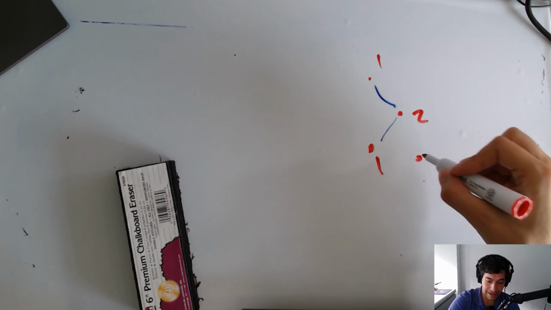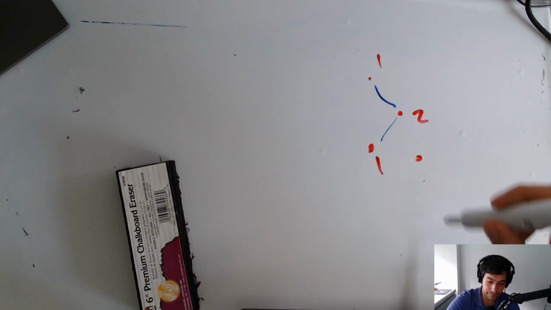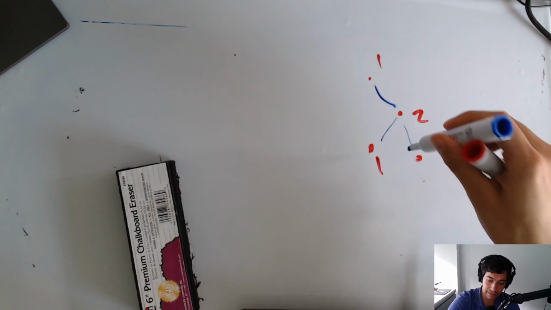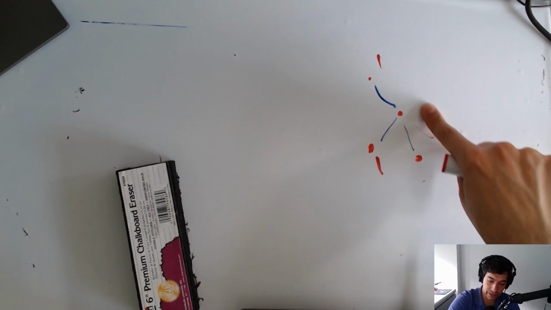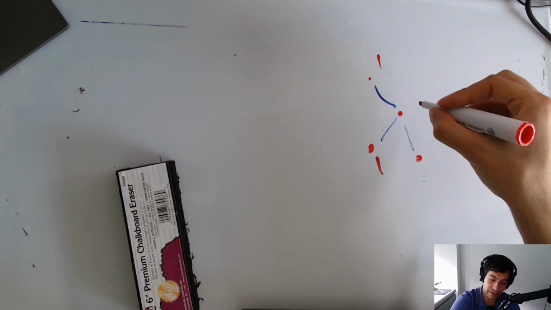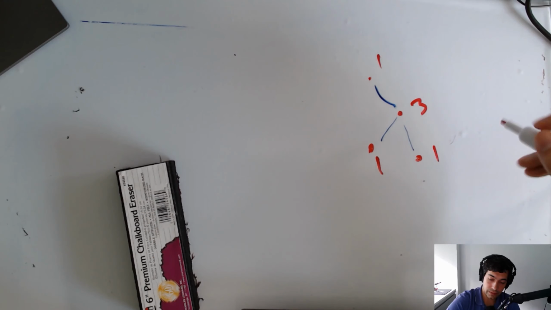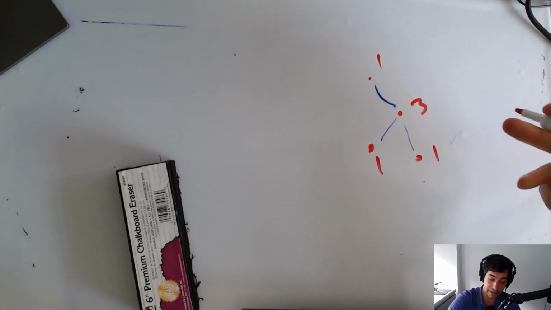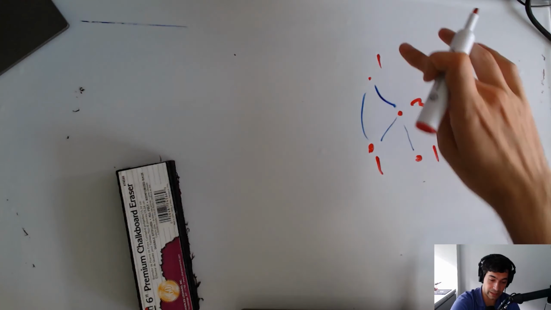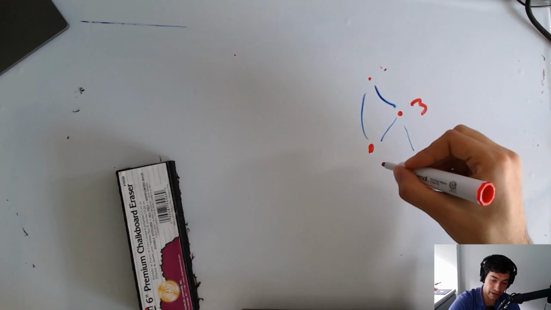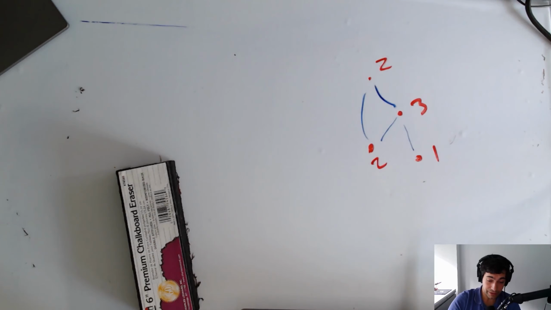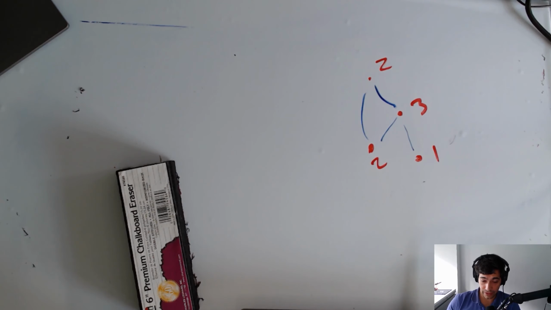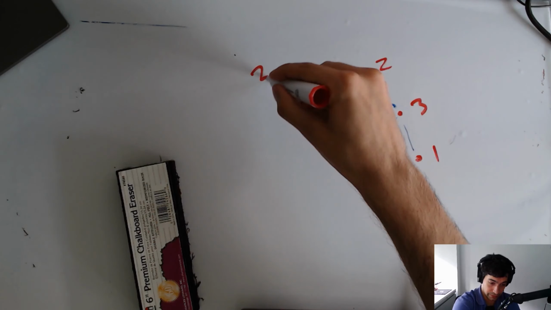And so what you'll notice here is that every time I add a new edge, I'm adding to the degree on both sides. Right? I'm adding 1 on this side and 1 on this side, which means every time I add a new edge to my graph, I'm adding 2 to the sum of the degrees of all nodes.